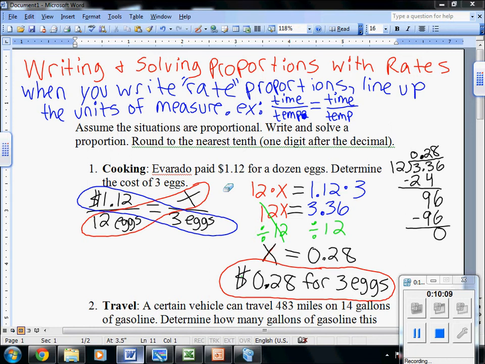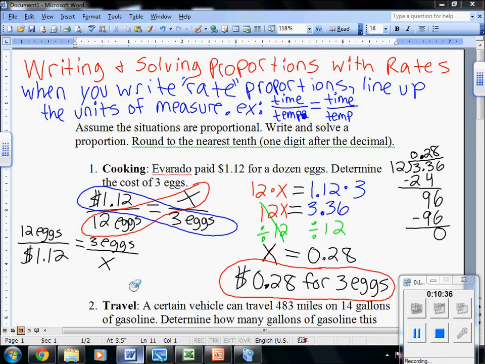You've answered it. So to recap, when you wrote your proportion, you know that it's dollars on top, eggs on bottom, and it's completely okay if you wrote yours this way. If you wrote yours as, let's say, 12 eggs on top over $1.12, now when you go to write the other half, you have to be consistent. So you've got to have 3 eggs on top, since eggs are on top, and then you can just put X on bottom.